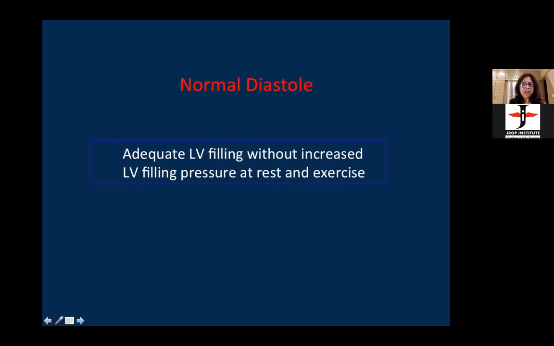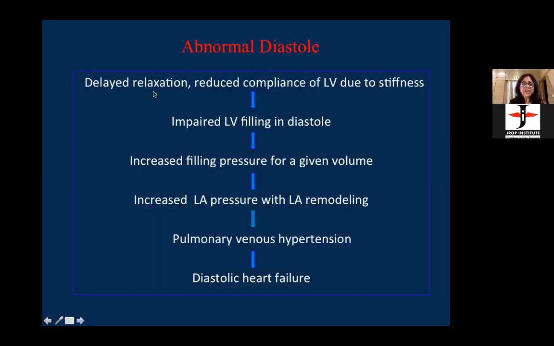If that doesn't happen, if there is delayed relaxation or reduction of compliance of the LV due to stiffness, as I have already explained, there will be impairment of the LV filling in diastole, and that will result in increased filling pressure for a given volume, as I have explained while explaining the compliance, and that will indirectly increase the LA pressure.